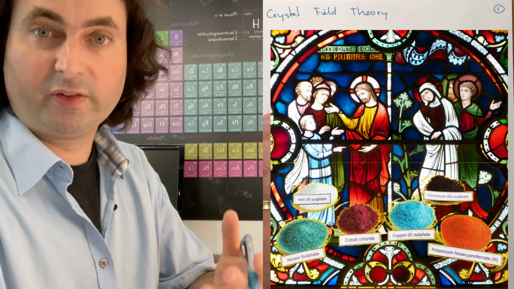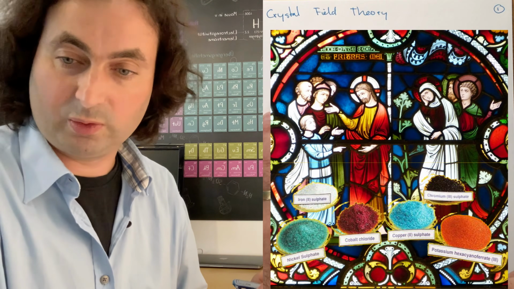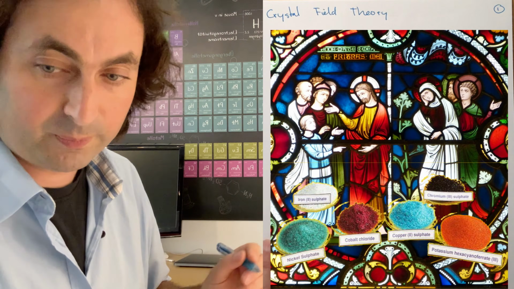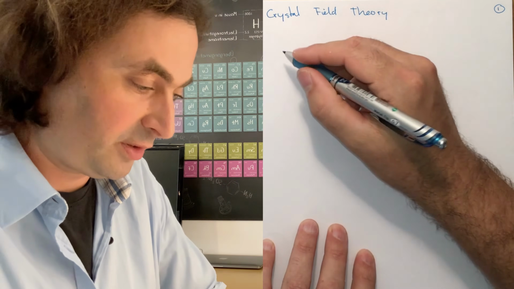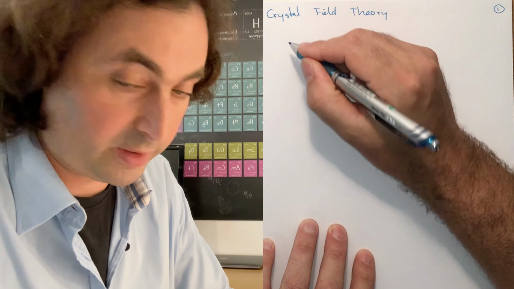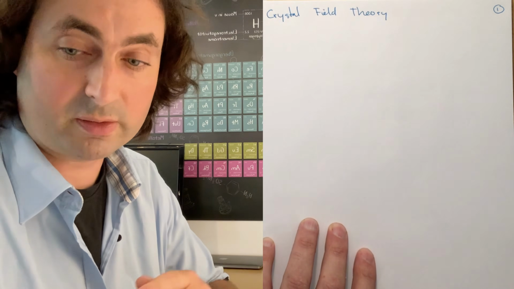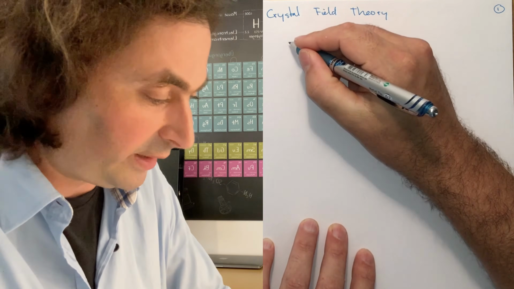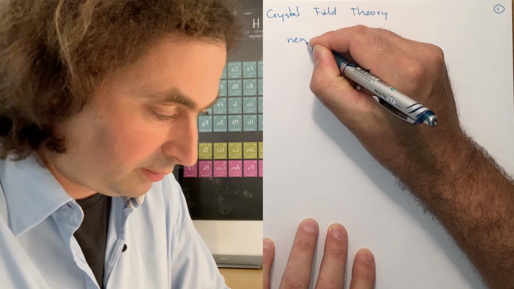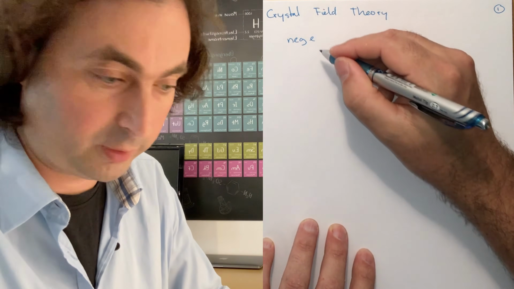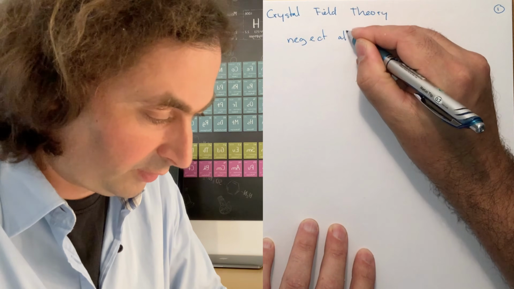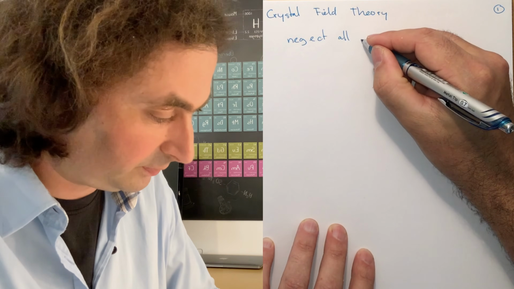Now, crystal field theory is developed exactly to describe these kind of materials. What we have seen in the previous video is that we can describe our material starting from a single atom, and we're going to neglect all charge fluctuations in our first approximation.